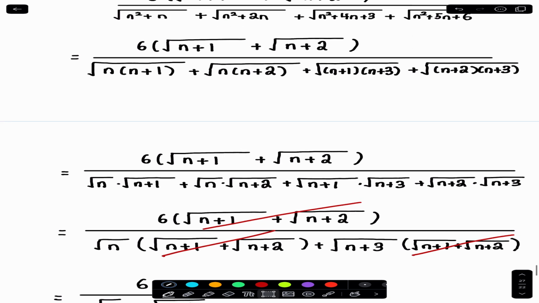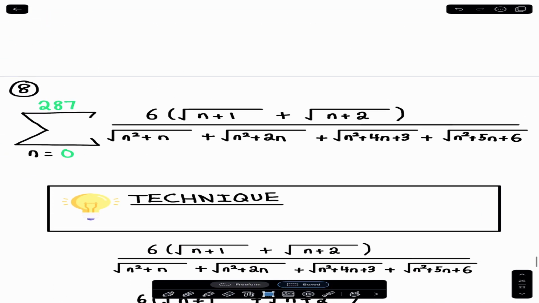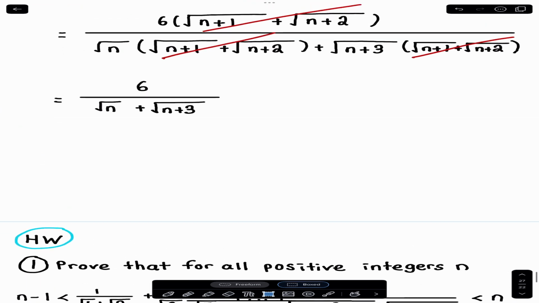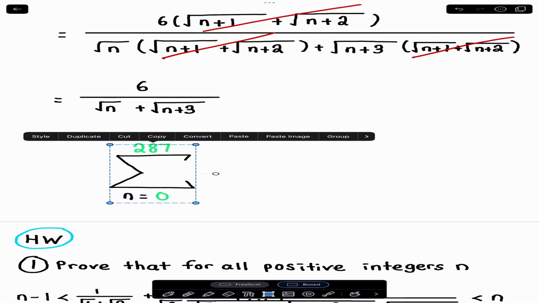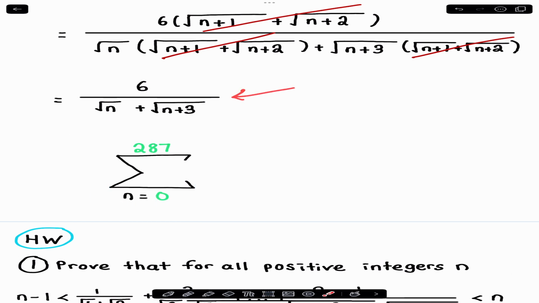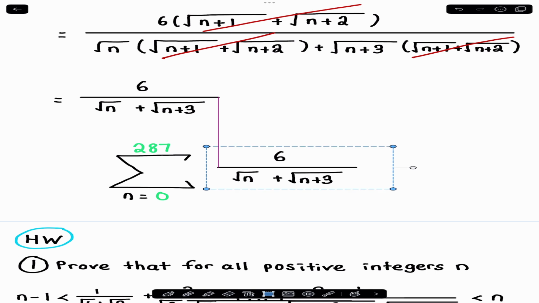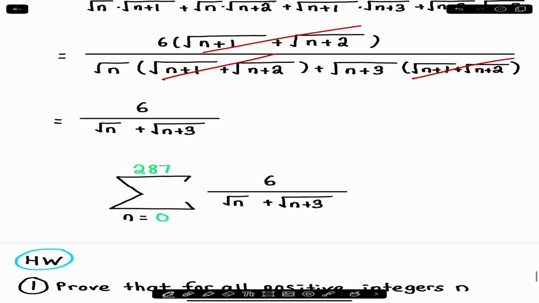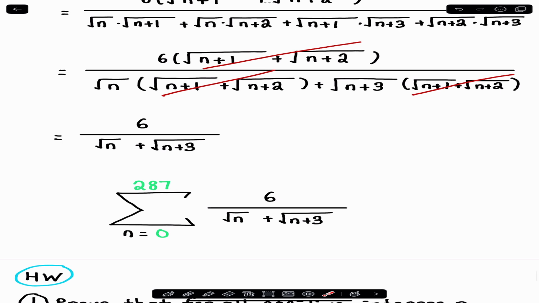So basically, we have simplified that giant mess at the start into this, which looks a lot neater. So our question is basically asking us to sum from n equals 0 to n equals 287 of this new looking expression.